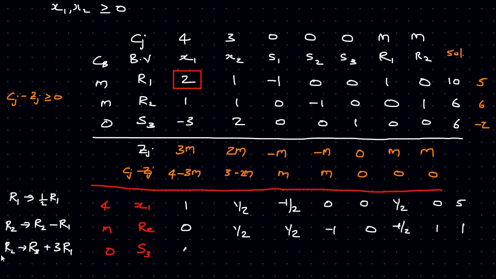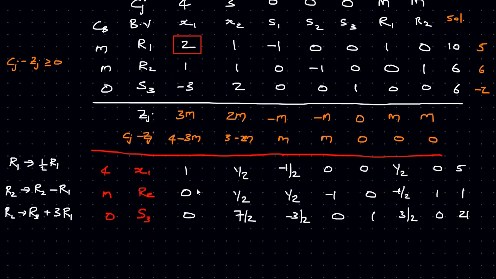Okay, so 0, then this becomes 7 by 2, minus 3 by 2, 0, 1, 3 by 2, 0, and this becomes 21. Okay, so that will be our first iteration. We have it complete.